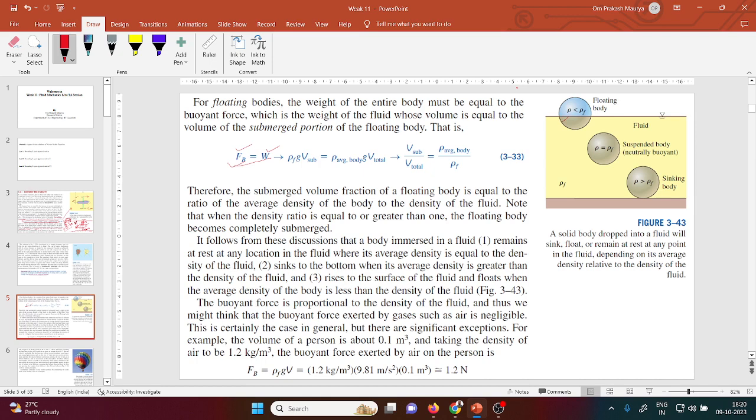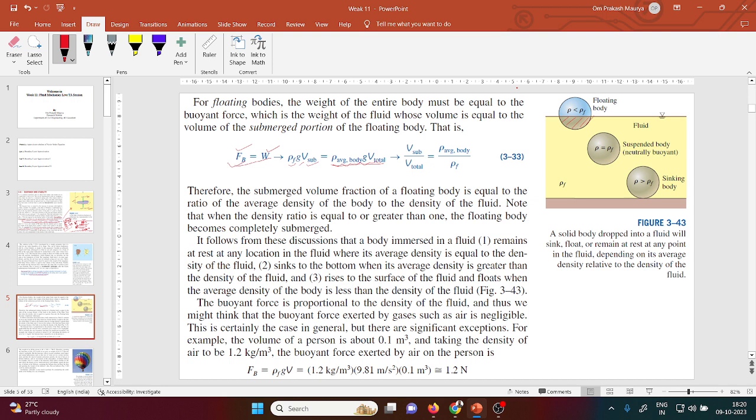So it is written here: rho g and volume of submerged is equal to the weight of your body.